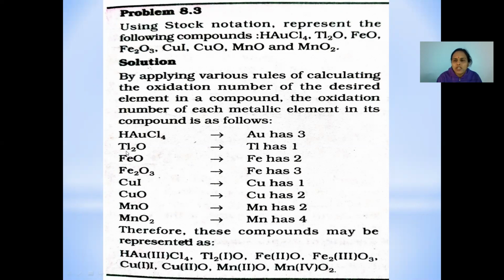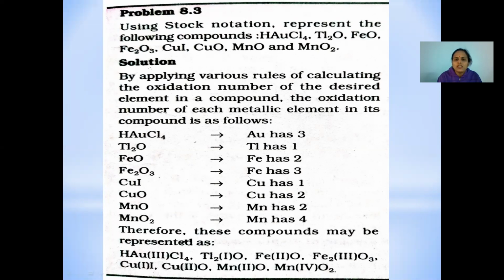Similarly, take the case of Tl2O. 2x minus 2 equals 0, x equals 1. So we represent as Tl2(I)O. FeO, iron, x minus 2 equals 0, x equals plus 2. So iron, Fe, we'll put in parenthesis Roman numeral 2, Fe(II)O.